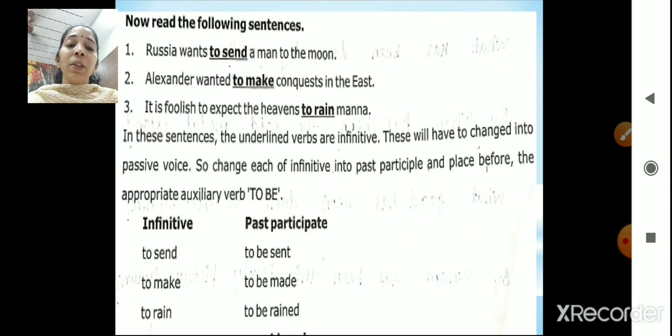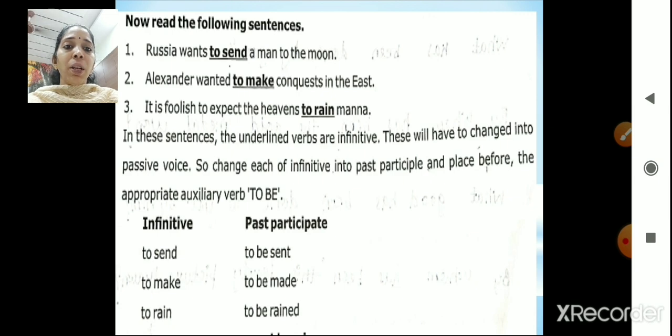Now what is this infinitive? We all know infinitive. The infinitive form of a verb is the verb in its basic form, usually preceded by the preposition to. For example, to run, to play, to send, to make.